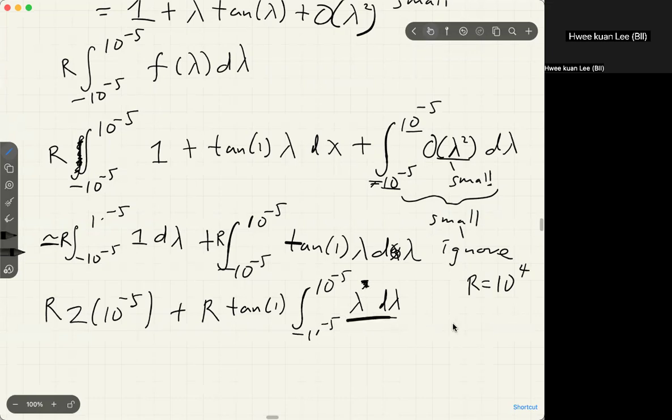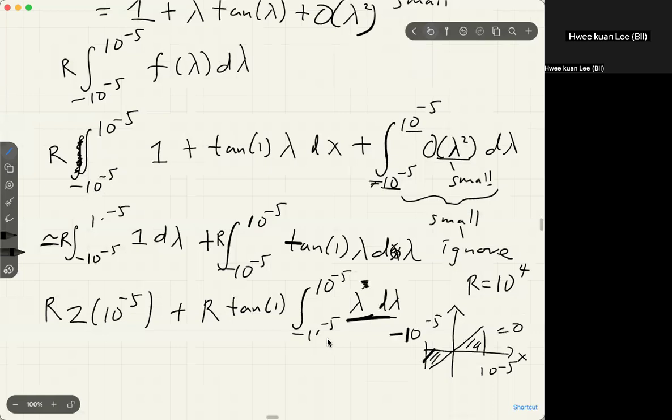You plot this curve, it is lambda. This curve is a straight line. We integrate from minus 10 to the minus 5 to 10 to the minus 5. The area under the curve equals 0, right?